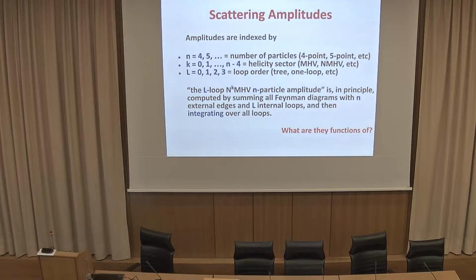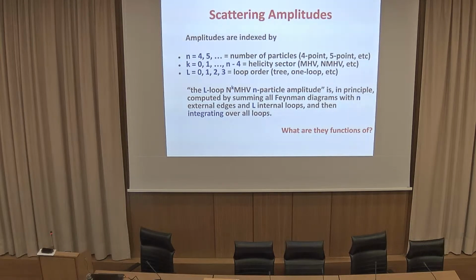Let me show you some cartoons of what kind of functions these are and what variables they are functions of. Of course, when we study quantum field theory in the first semester, we learn that the amplitudes are functions of momenta and polarizations. That's not how some of these developments have been done, because when you start evaluating the amplitudes as functions of polarization, it quickly gets very complicated.